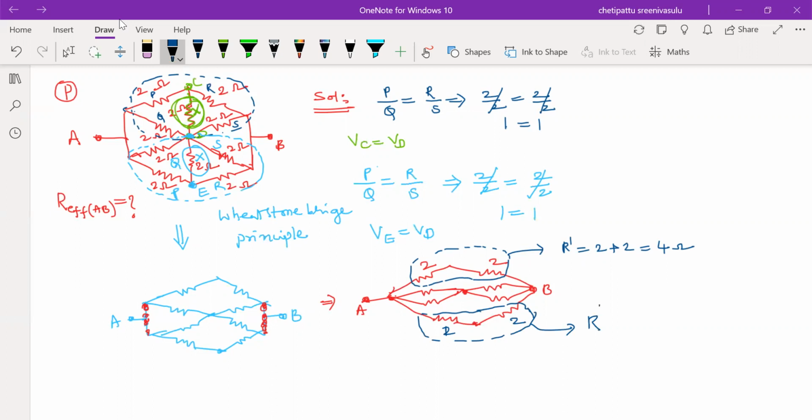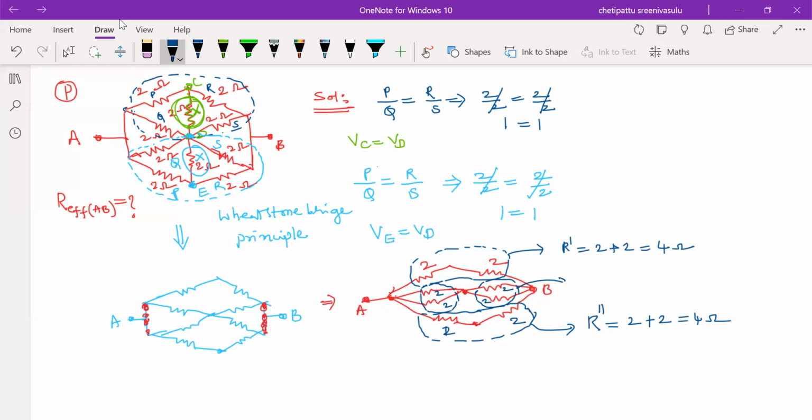The effective resistance, assume as R double dash, is 2 plus 2, which equals 4 ohm. Now at the midpoint, this is 2 ohm, this is 2 ohm. These two look like parallel, and these other two 2 ohm resistors also look like parallel.